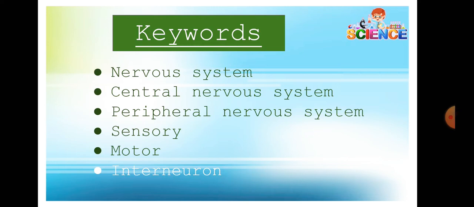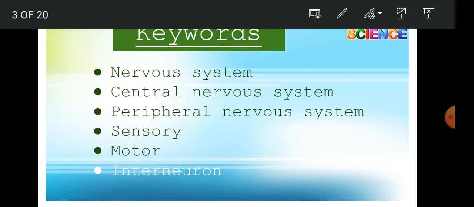Here is the list of keywords which I will be using very frequently in this class. The first is the nervous system, the second is the central nervous system, the third is the peripheral nervous system, then the sensory, the motor, and interneuron, which we will be using commonly in this class.